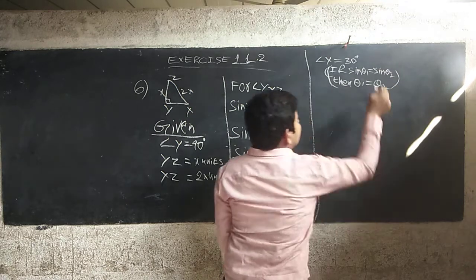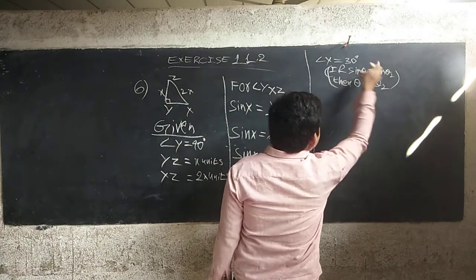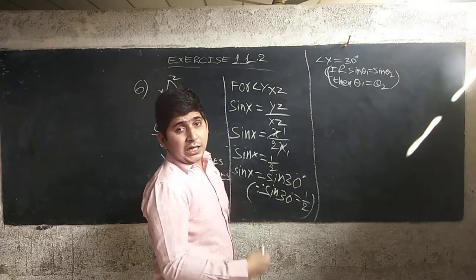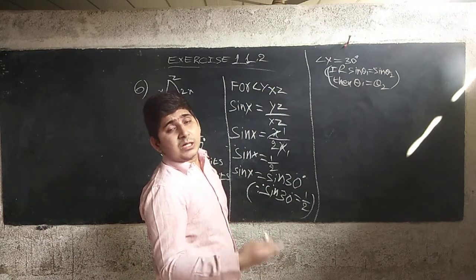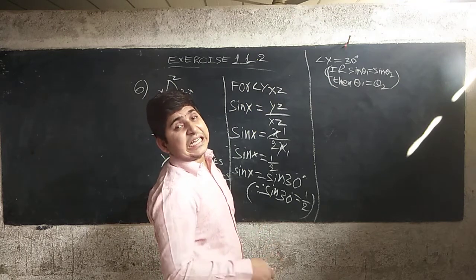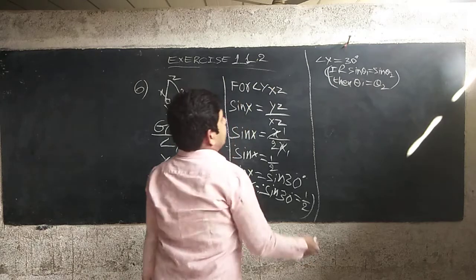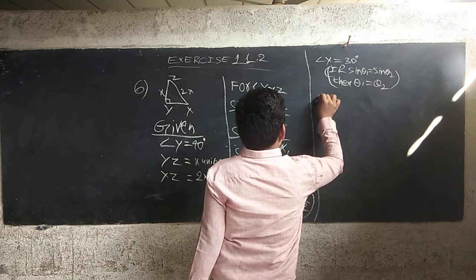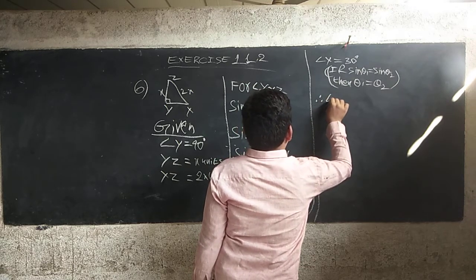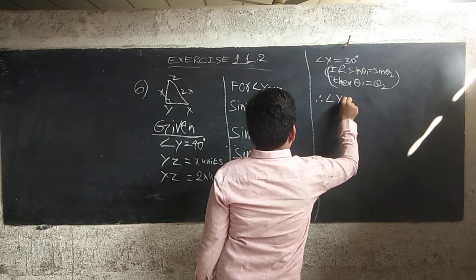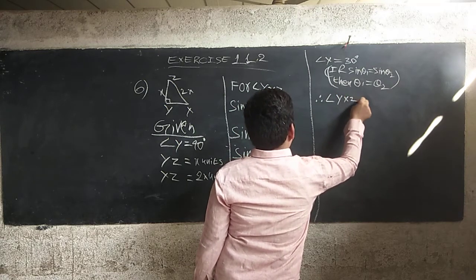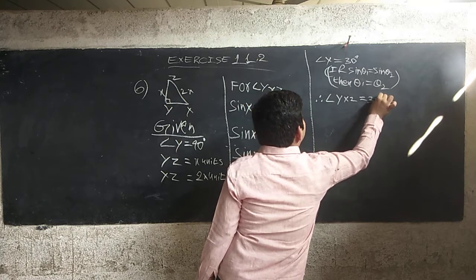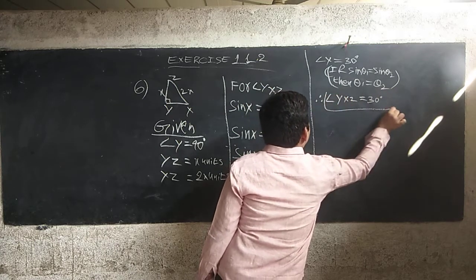So angle x equals 30 degrees. Angle x is the same as angle yxz; they represent the same angle, but the way of writing is different. Therefore angle yxz equals 30 degrees.